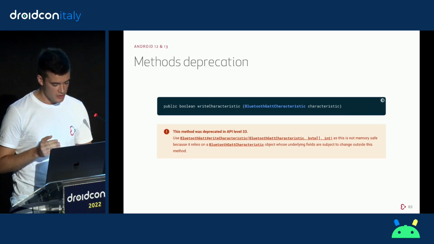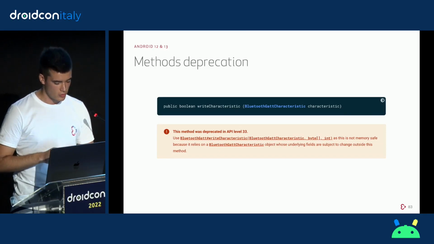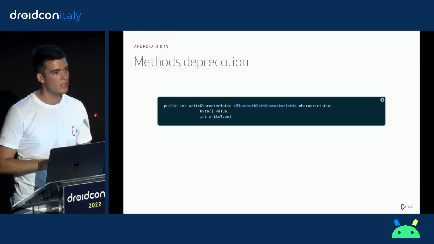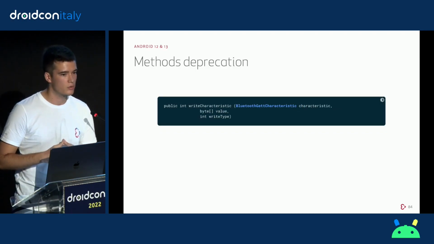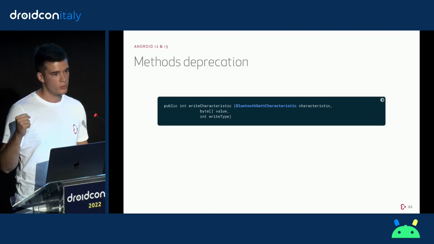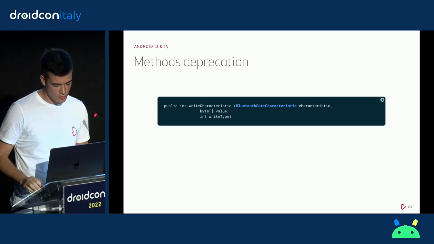Starting from Android 13, Google introduced a new method deprecating the previous one that allows you to specify as an input the value you are going to write into the characteristic. Before, you had to get the characteristic and mutate the value. It was like a var in Kotlin, so you could mutate it as you wanted. Now you can just provide the value to the method and allow the stack to do that for you. So it's more convenient and avoids maybe threading issues or concurrency issues and stuff like that.